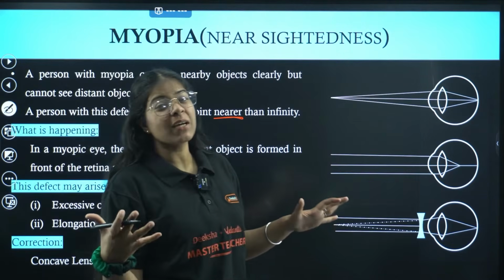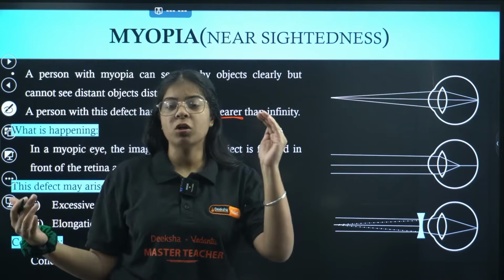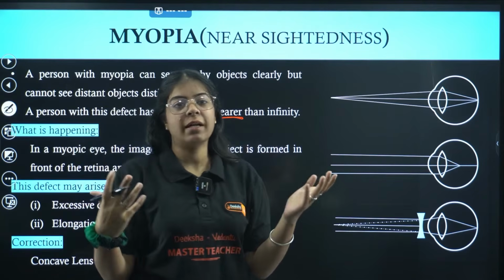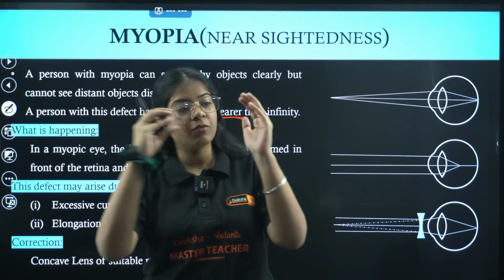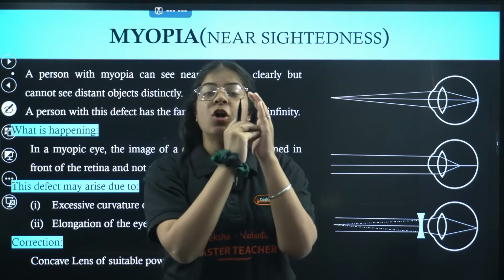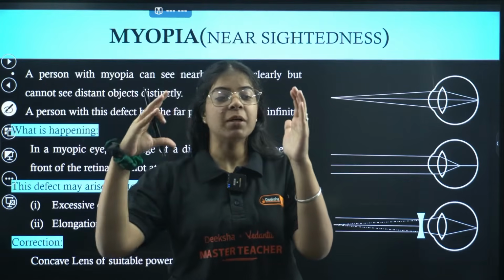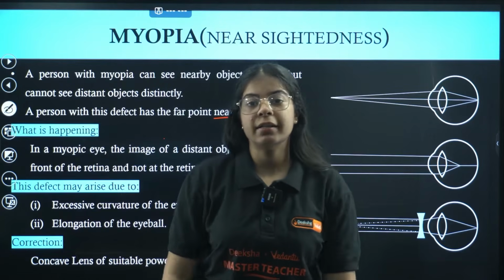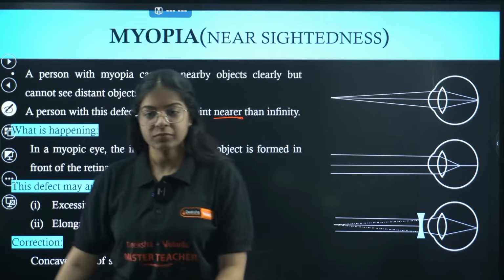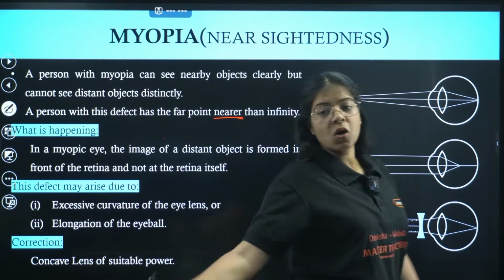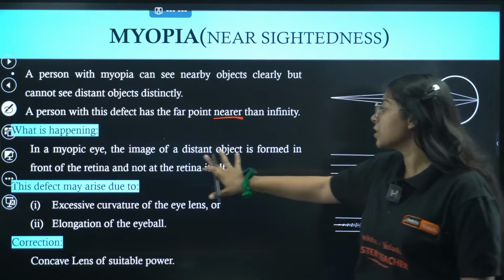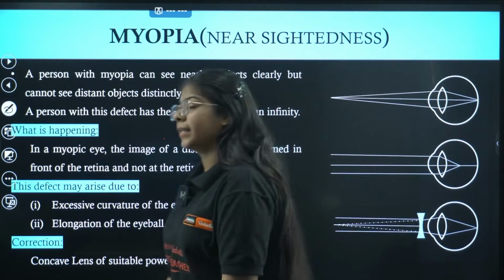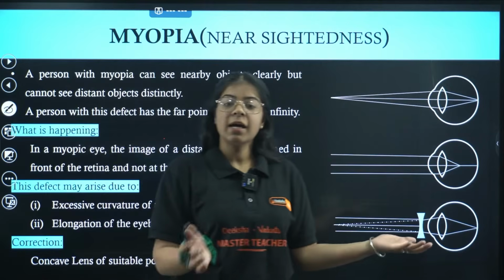The rays which should converge on the retina are not converging on the retina, but instead converge before it. They are not even reaching the retina, they are not focusing on the retina. So the image of a distant object is formed in front of the retina and not on the retina itself.